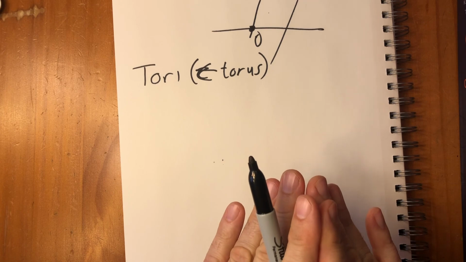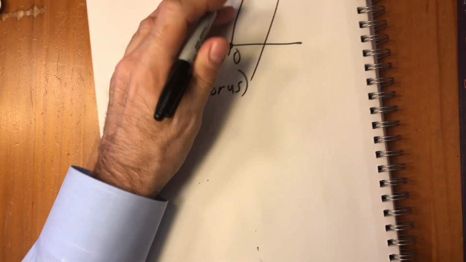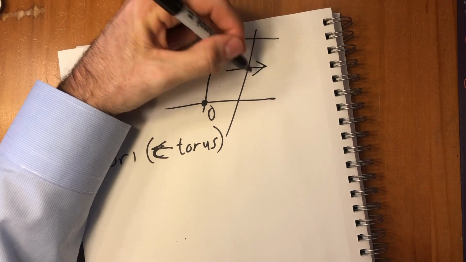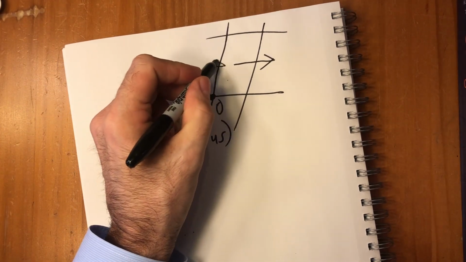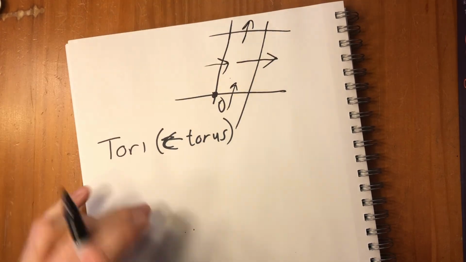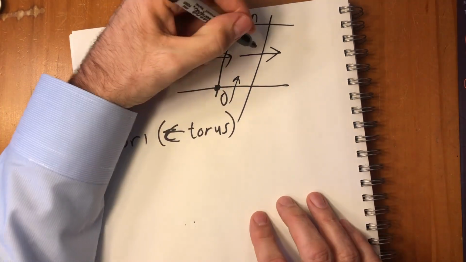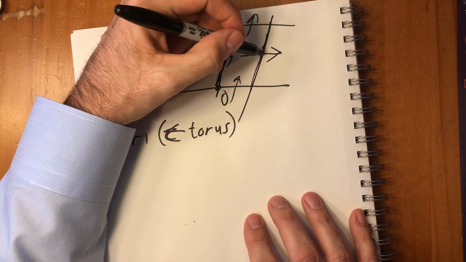Do you know why? Something maybe to think about if you haven't, because it's very cool. But if you go this direction, you're basically going to come back around, right? And end up back in here. If you go this direction, you're going to end up coming back here. So basically, this line connects with this line.